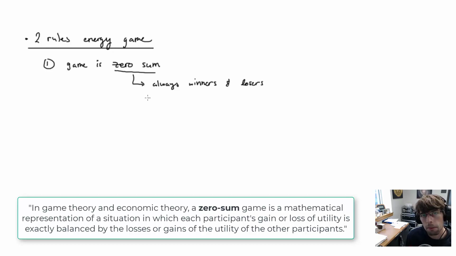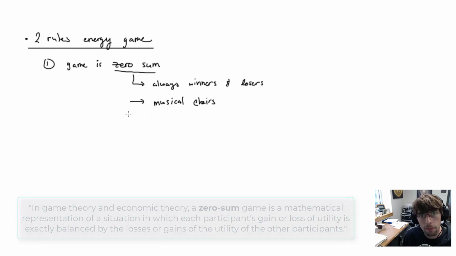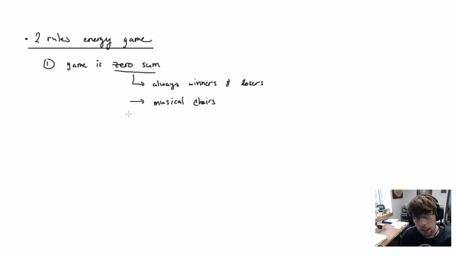Okay. What I mean by that is if you're playing a game and it always has a win and a loss, in other words, one person's victory comes at the expense of another person's loss, okay, that game is called zero sum. So you can think of games like musical chairs. I like thinking about musical chairs. There are no ties allowed. If one person gets a chair, that means that somebody else playing does not get a chair. And that's why we call it zero sum.